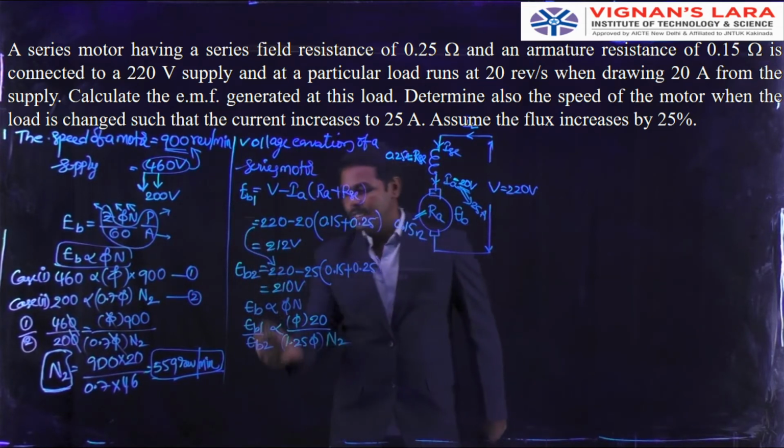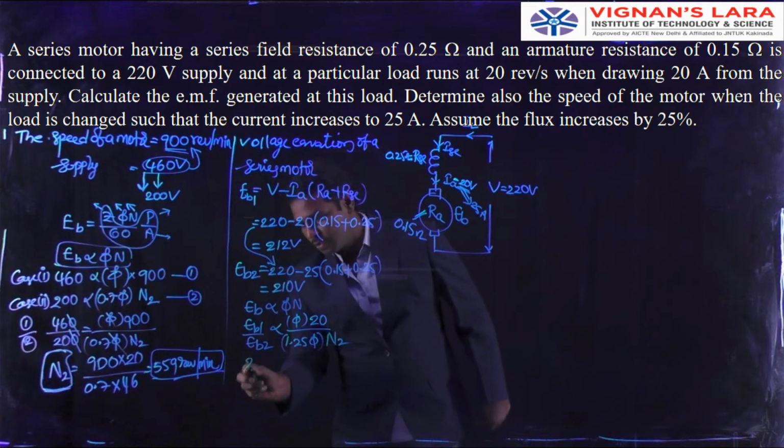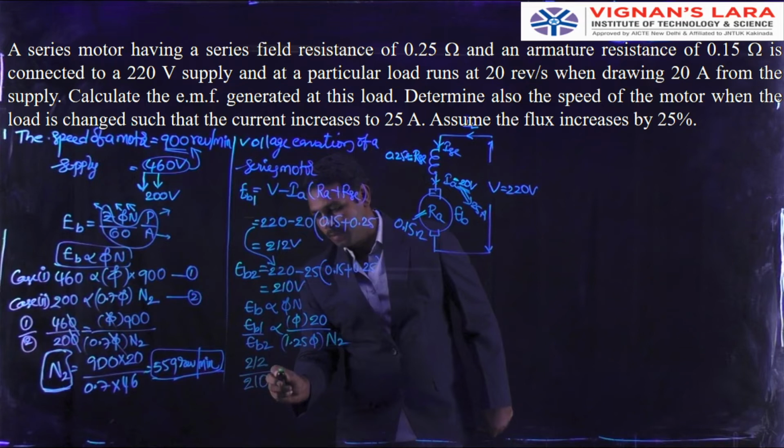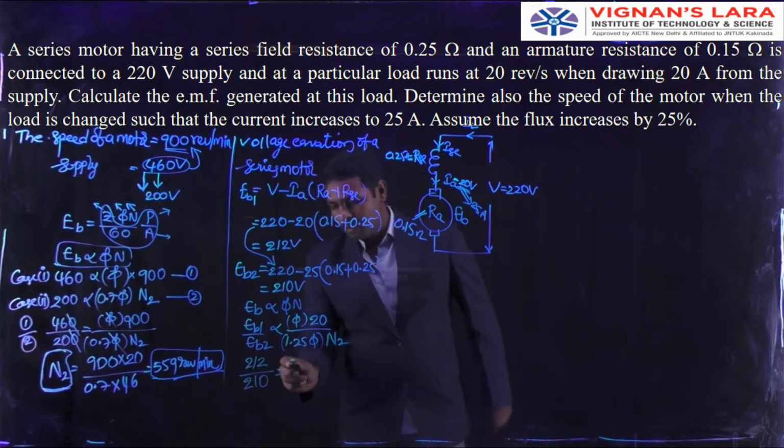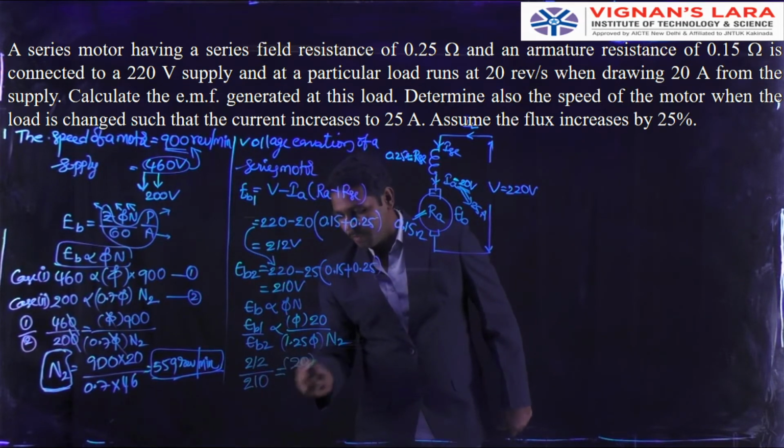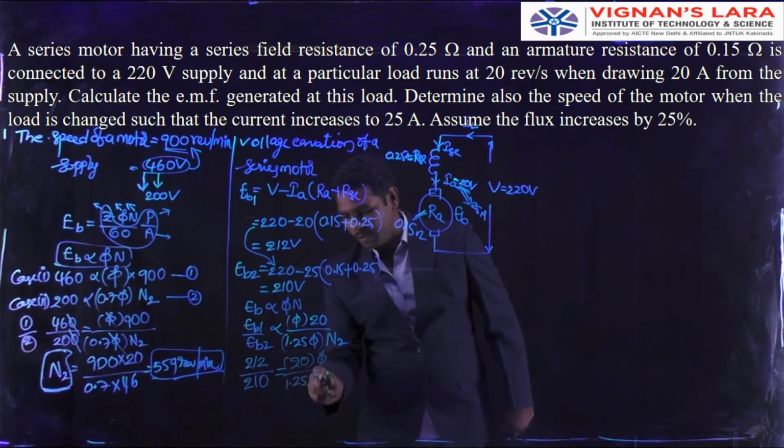So EB1 over EB2: 212 divided by 210 is equal to 20 into phi divided by 1.25 phi into N2. These two get cancelled.